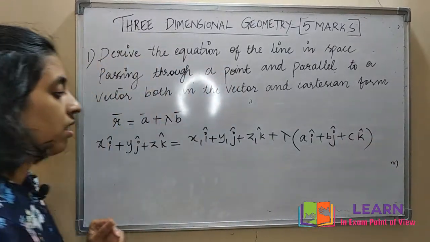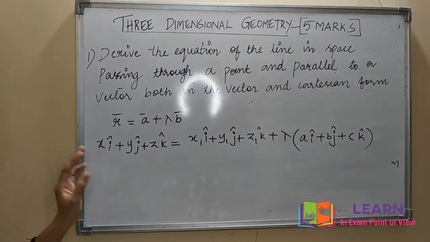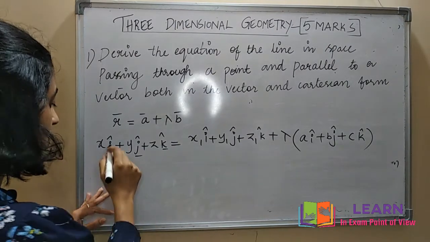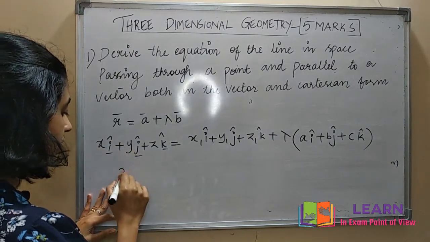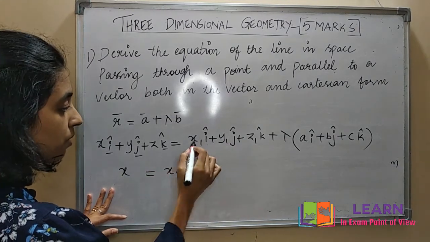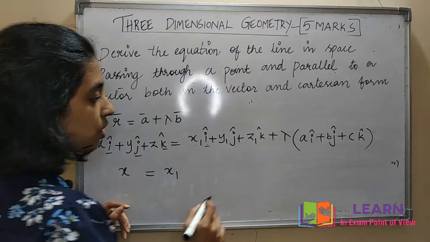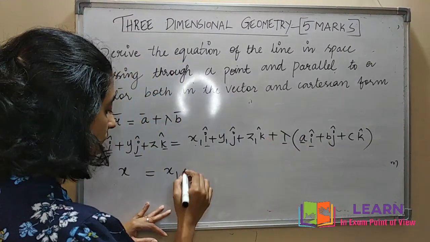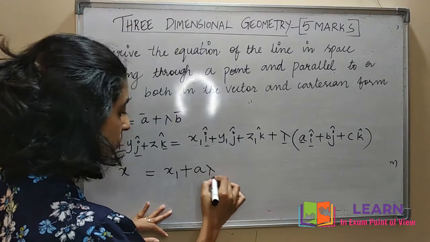Fine. Okay. Now equate the coefficients of i, j and k. Here what is the coefficient of i? x. On this side x1 is there, right? x1. Here also there is an i coefficient, so you take both terms: x1 plus a lambda.